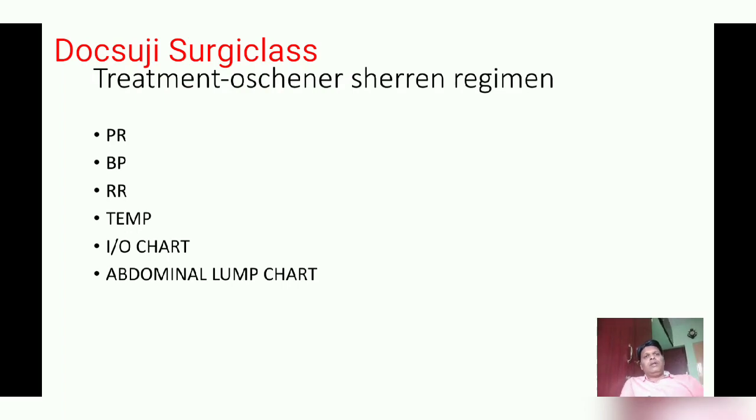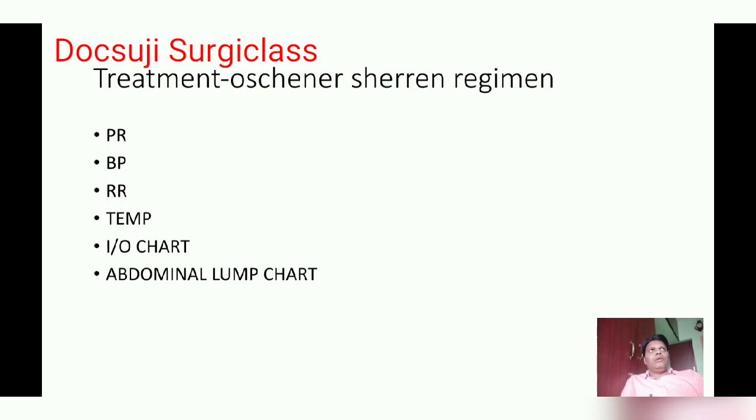So the presentation we already discussed. Straight away I am going to the treatment. What is the treatment for appendicular mass? It is a conservative treatment. It is not surgical treatment, it is a conservative treatment called the Ochsner-Sherren regimen.